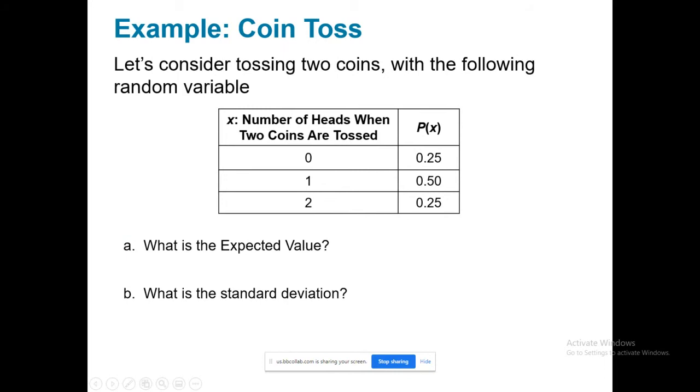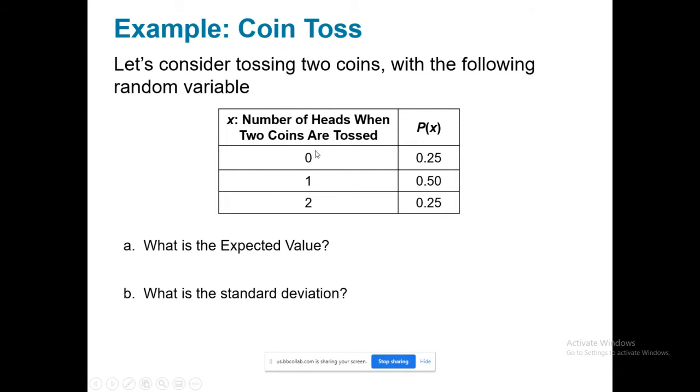So let's take a look at an example. Here we're going to consider tossing two coins. In the chart below, we have two columns. In the first column, we have our random variable x, right? So the random variable is the number of heads when two coins are tossed.